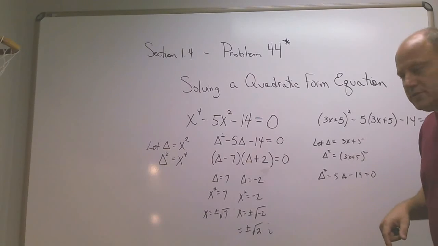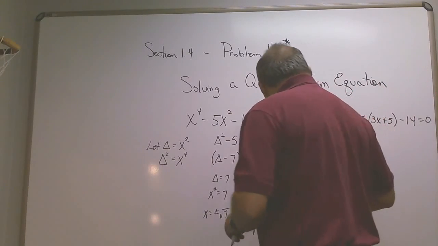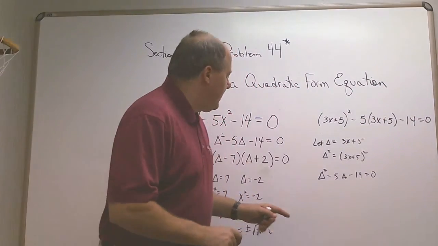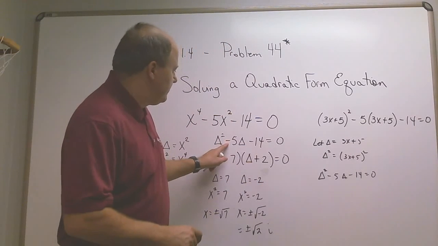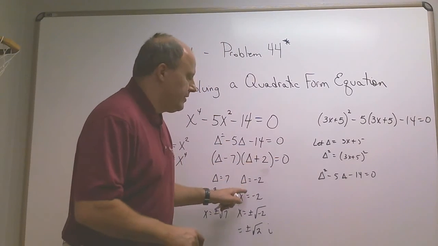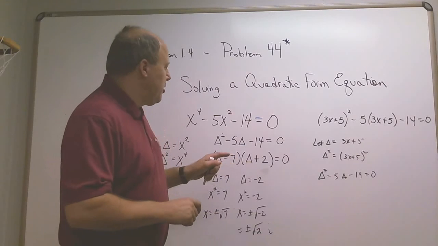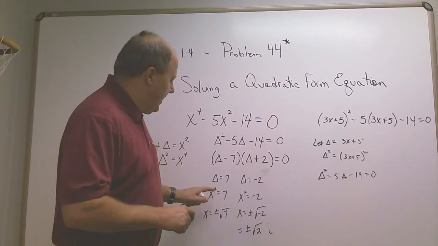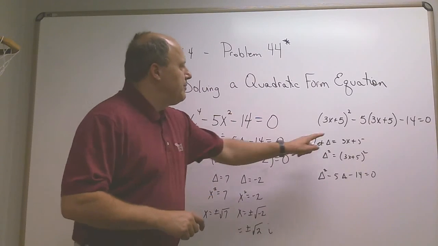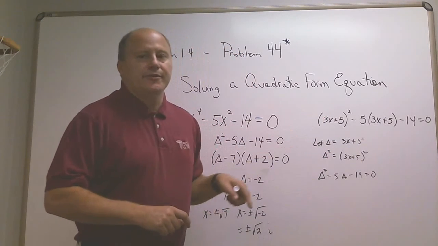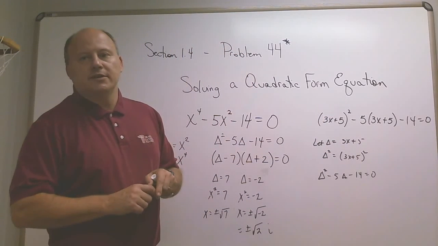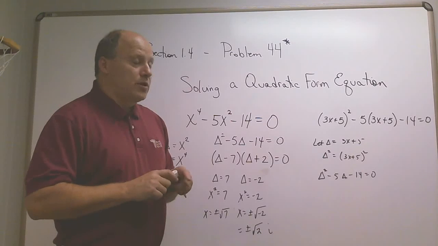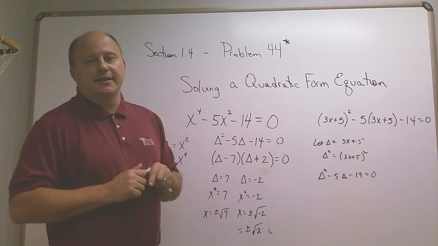And this is the same thing as the earlier equation. So you solve for delta very similarly, except when you go back in, you won't be putting x squared back in for the deltas. You'll be putting 3x plus 5 back in for your deltas once you solve for them. The process is exactly the same.